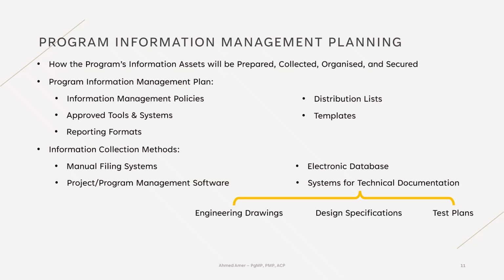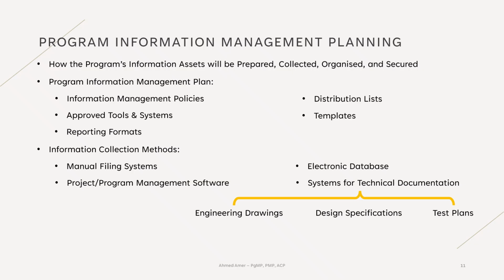Once the program decides on its information management system, or PMIS, it can then determine the best information distribution methods. This is important because modern information technology allows us to share huge amounts of data with many people very quickly. However, that speed only works if the system is planned and set up properly.